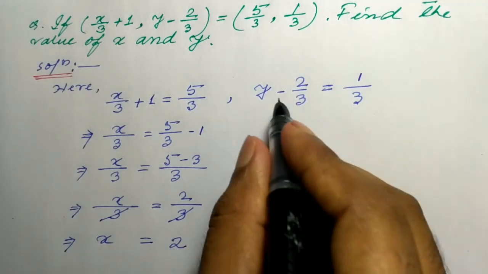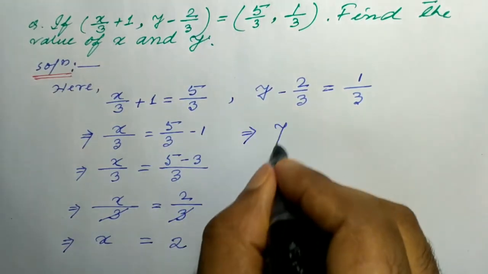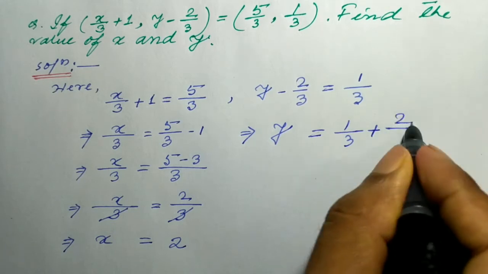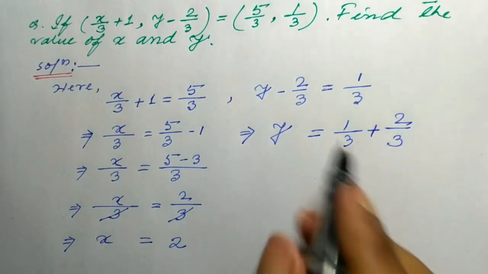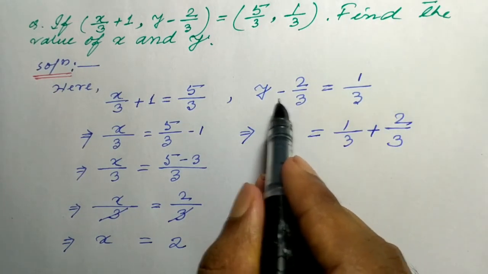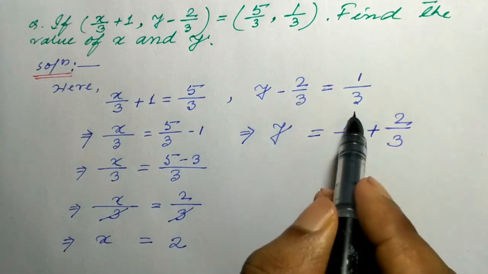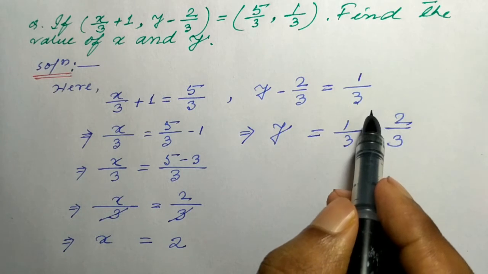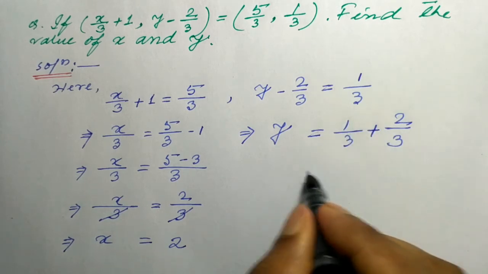In this part, y equals 1/3 plus 2/3. Here we have minus 2/3; if minus 2/3 is shifted to the right hand side of the equal sign, then it will be plus 2/3.